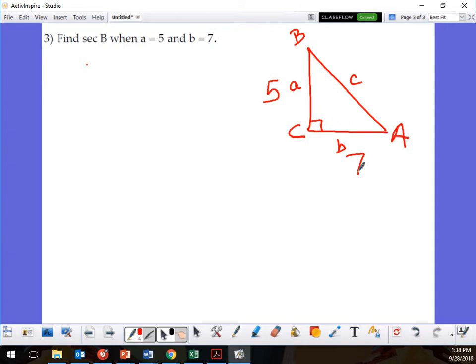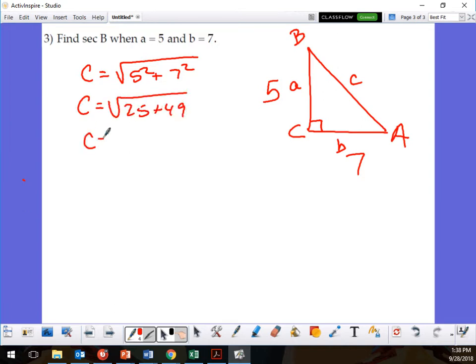So I'm going to use the Pythagorean Theorem to find the third side, right? It's the shorter version, just do your square root right away. So C equals the square root of 25 plus 49, square root of 74. So C is going to be root 74.